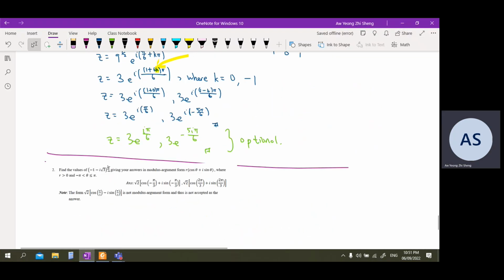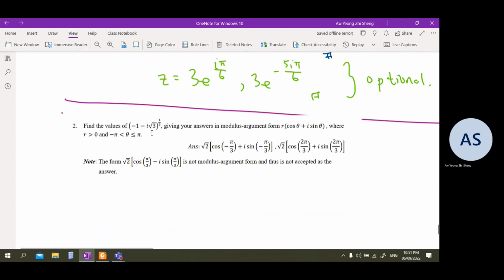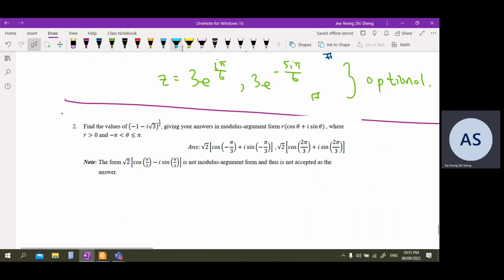This question 2 asks for the answer in modulus argument form. And they have the default requirement: r must be positive, theta must be in the principal range. So there's a note at the bottom here which says the form root 2 (cos pi over 3 minus i sin pi over 3) is not modulus argument form because you have a minus in the middle here.